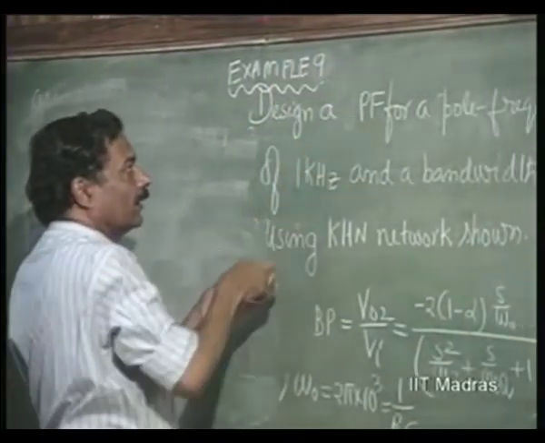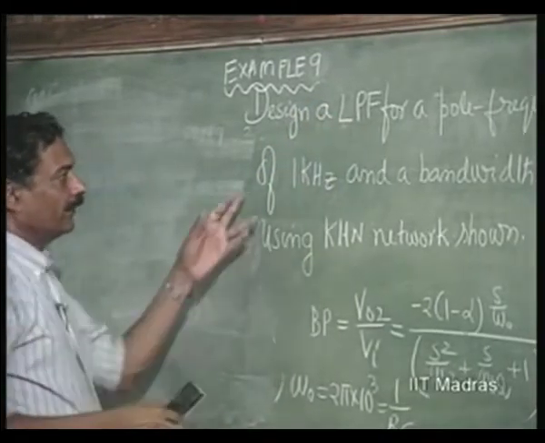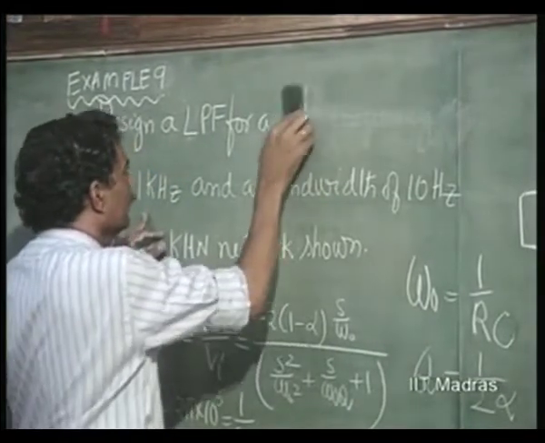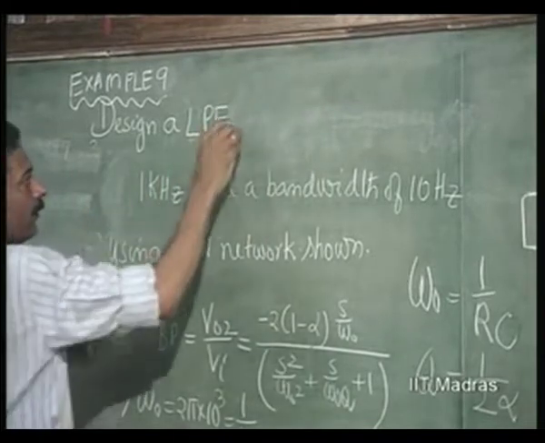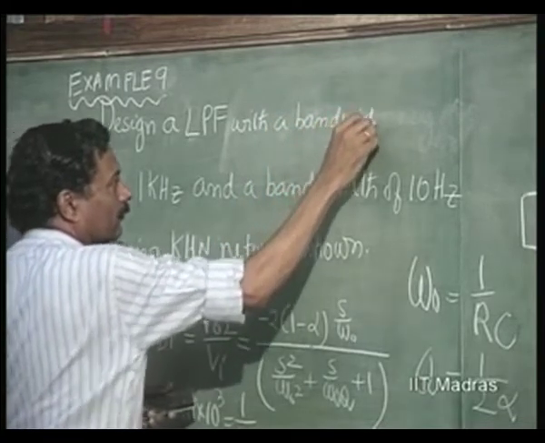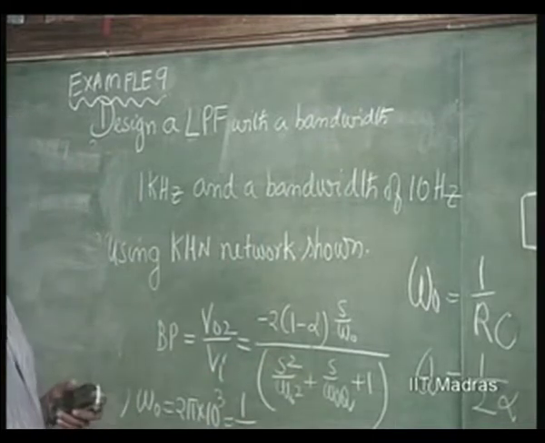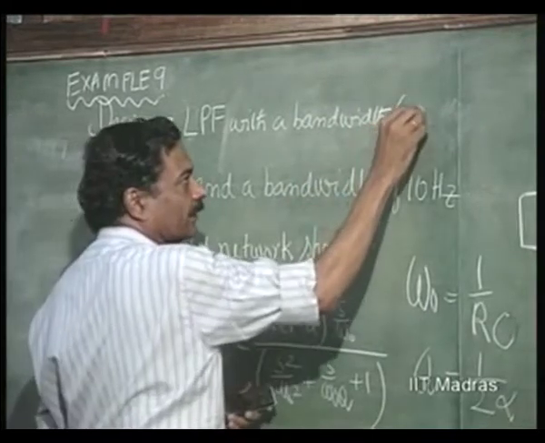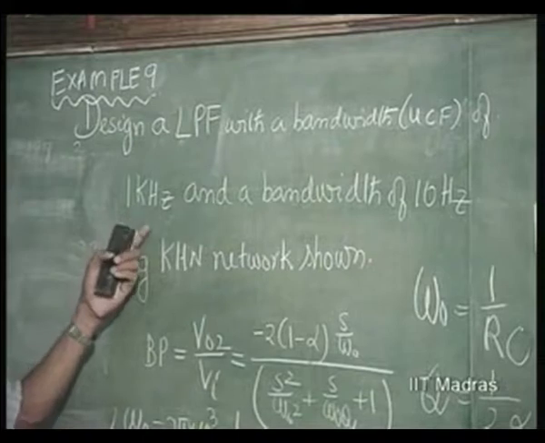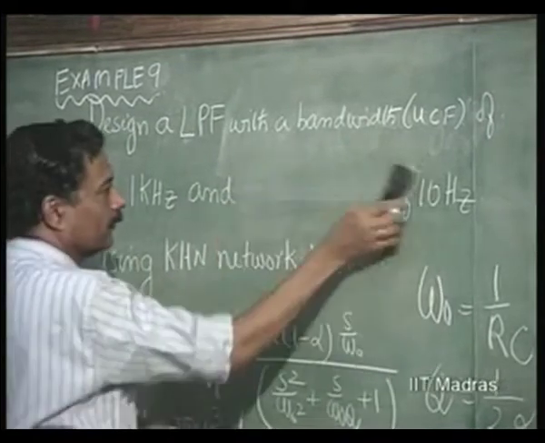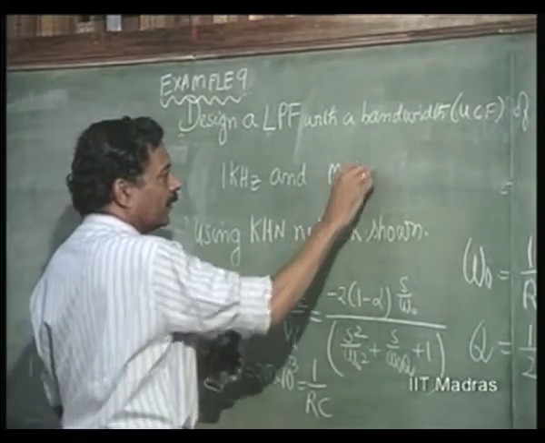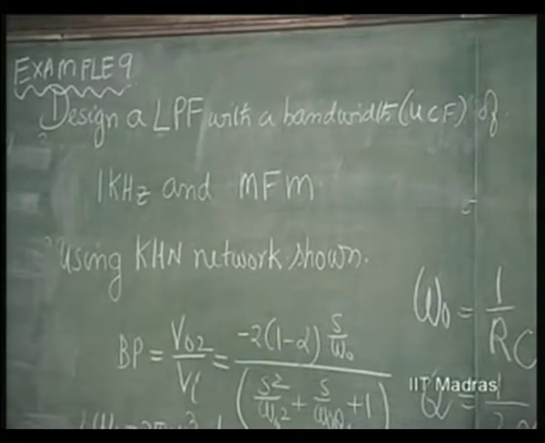Design a low pass filter at a frequency of 1 kilohertz, that is, now we want a low pass filter with a bandwidth, or upper cutoff frequency, because this has only upper cutoff frequency, of 1 kilohertz, and maximally flat magnitude using KHN network shown.